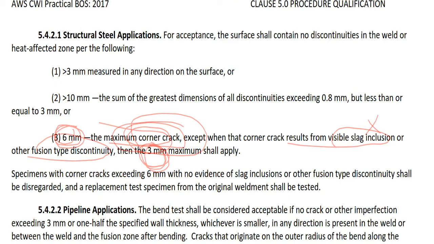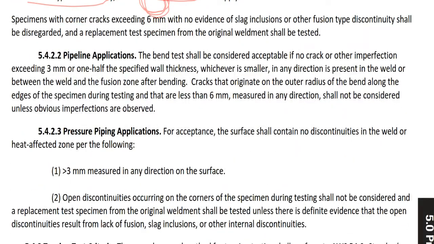This was 5.4.2.1, structural steel application. 5.4.2.2, pipeline application.